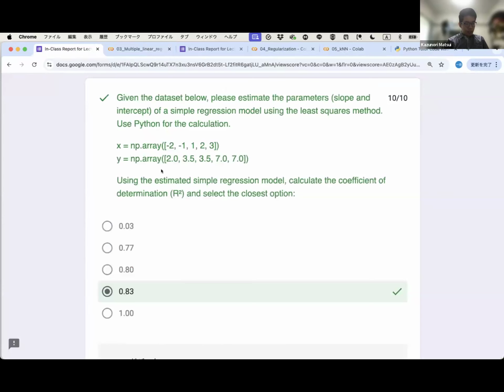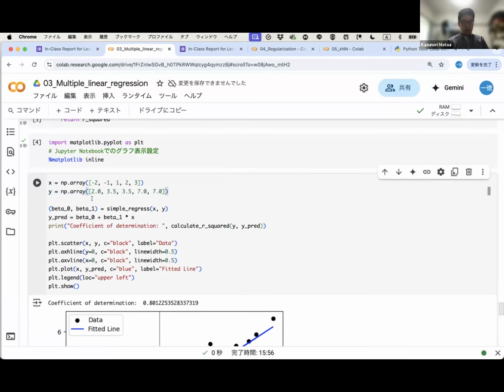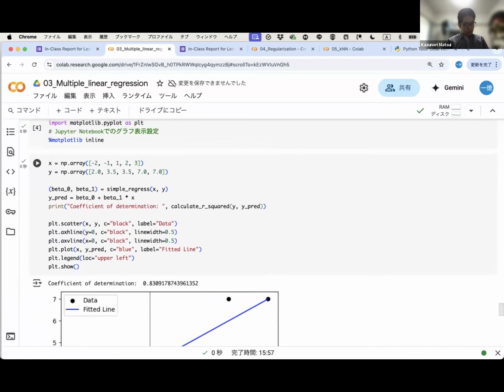Since the data is always provided here, okay, so copy and paste. You can calculate the coefficient of determination by copying and pasting this code.